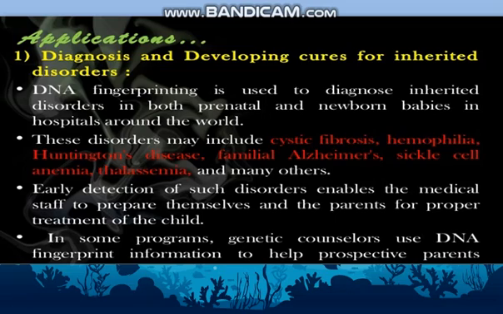These disorders may include cystic fibrosis, hemophilia, Huntington disease, familial Alzheimer's, sickle cell anemia, thalassemia, and many other diseases. Early detection of these disorders enables the medical staff to prepare themselves and the parents for the proper treatment of the child. In some programs, genetic counselors use DNA fingerprint information to help the prospective parents. So this is the first application of DNA fingerprinting.